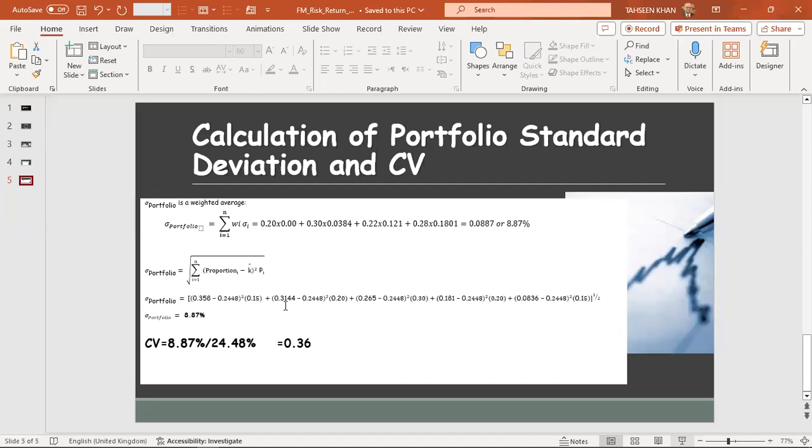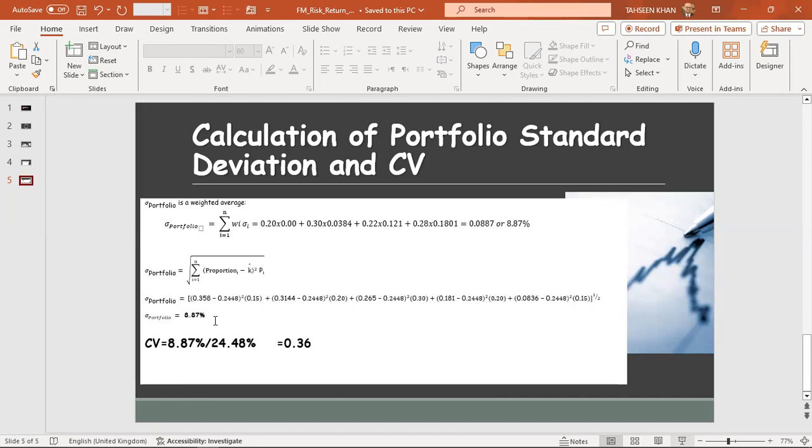For the second, it is 31.44. For the third, 26.5, for the fourth, 18.1, and for the last, 8.36. After calculating the standard deviation, we have the similar answer, that is 8.87%. After this, we calculate the coefficient of variance, which comes to 0.36.